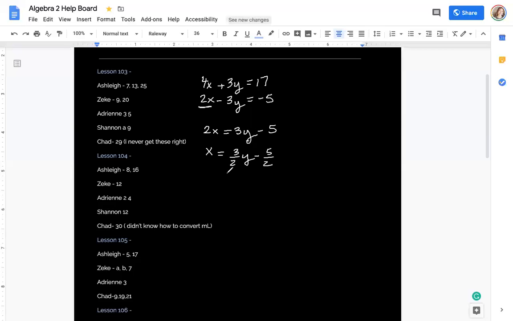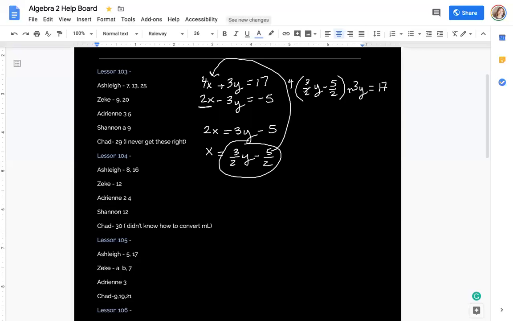Then you're going to take what x is equal to, you're going to put it into the other equation where the x is. So you get 4 times 3 halves y minus 5 halves plus 3y equals 17. So 2 goes into 4 2 times 3 is 6y. 2 goes into 4 2 times 5 is -5 plus 3y equals 17.